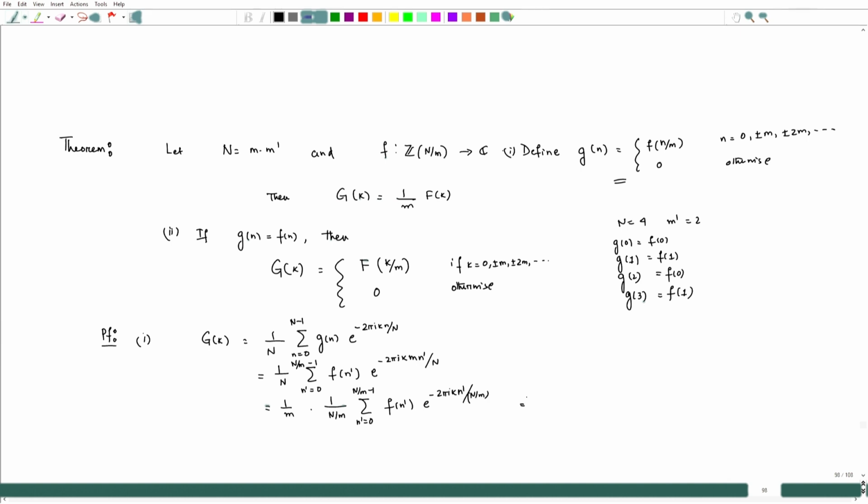This is nothing but the Fourier coefficient of f. Just writing it down, one can easily get this.